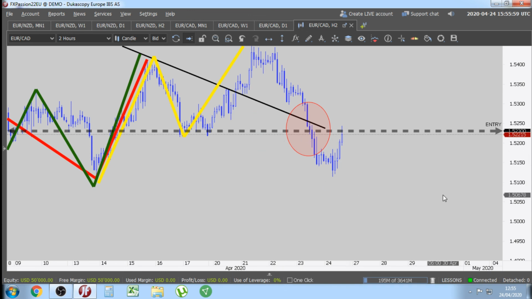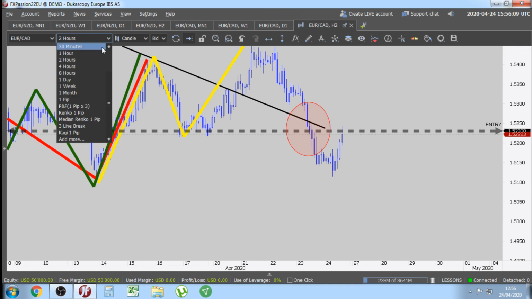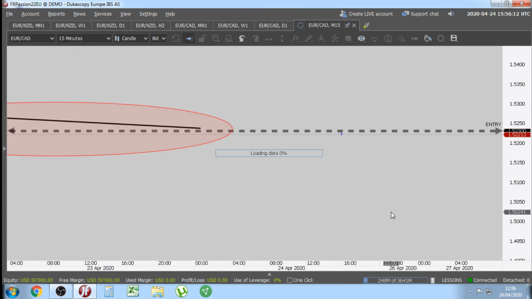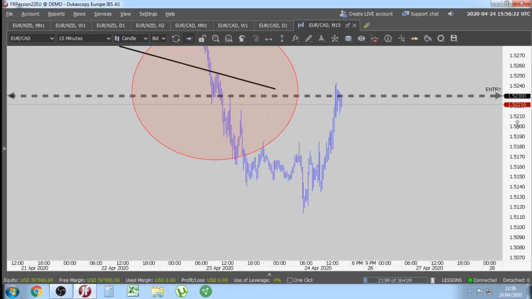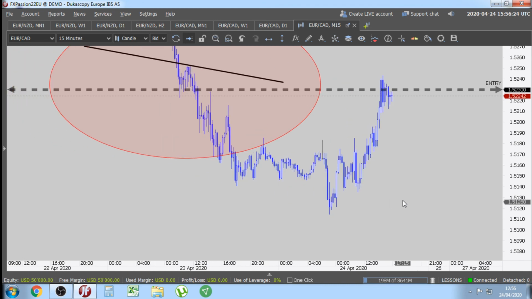See, this is the entry. Where is the market? The market is going against you. Remember, after you enter into a trade, you need to manage the trade. And let's see if we had a chance to manage. See, everybody, this is where we are telling you, manage your trade.